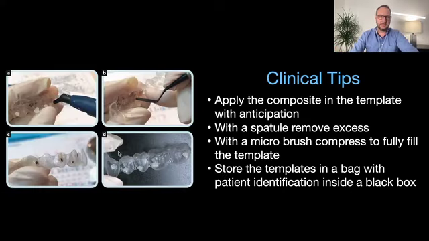By doing this, you have several ways to apply. Even for restorative composites, you can use these tips, okay, so that you can have a faster filling of the template, okay, and you can check later if you filled all the gaps for all the attachments, okay.